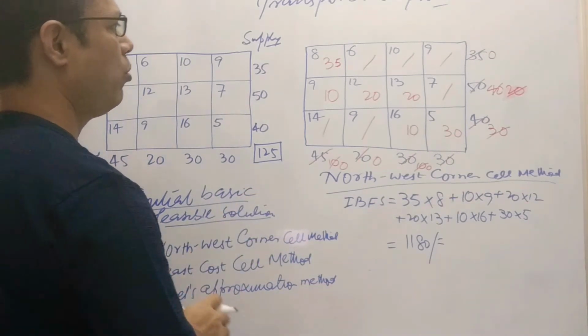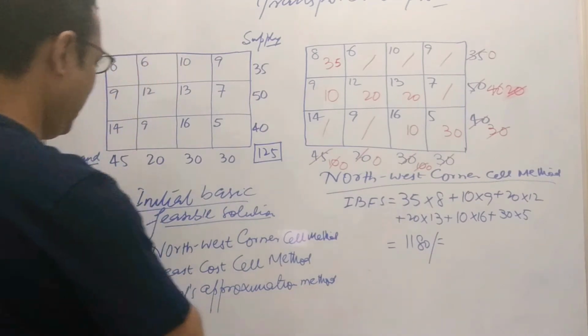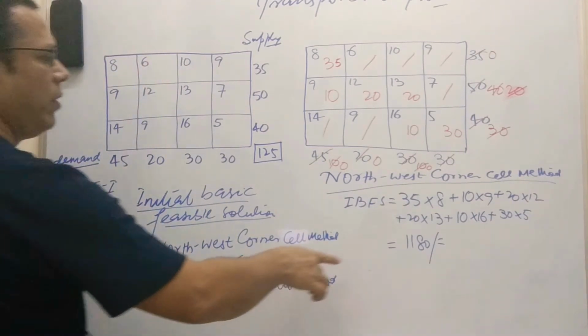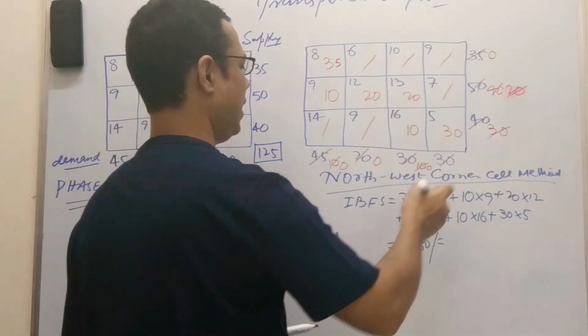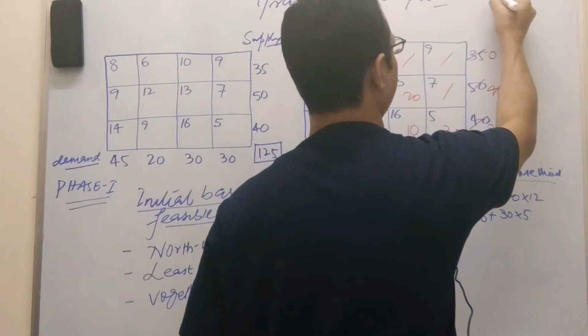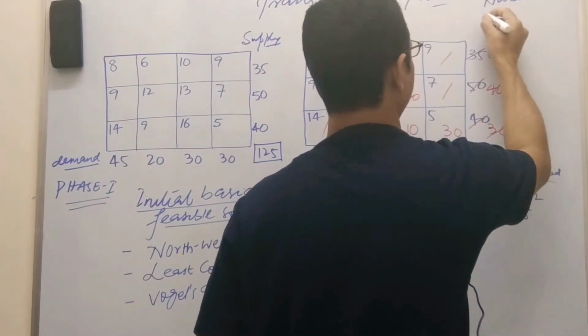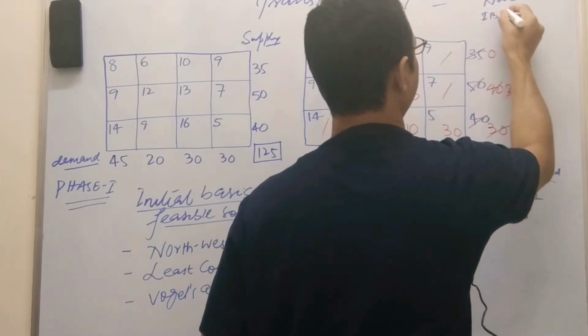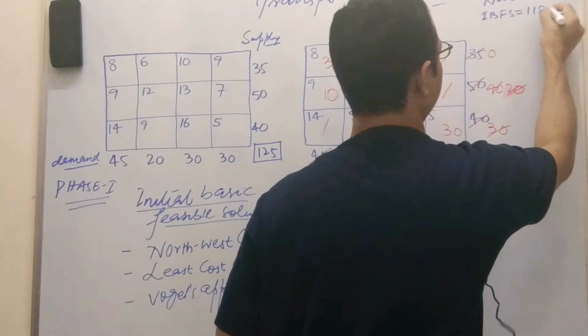Now we'll see how to solve the same problem by applying the least cost cell method, which is the second. We already have the result from the northwest corner cell method. So now you can write here, for the northwest corner cell method, your initial basic feasible solution result is 1180.